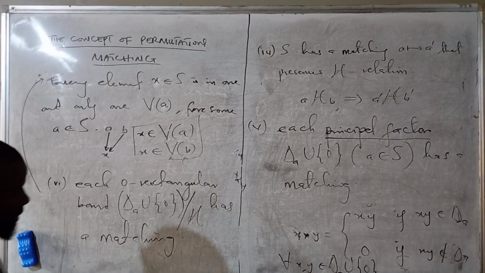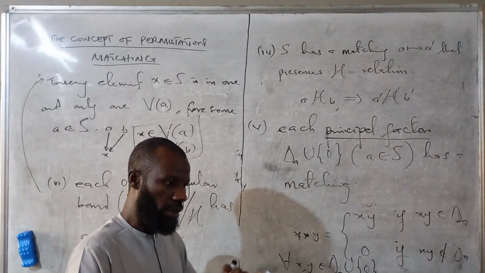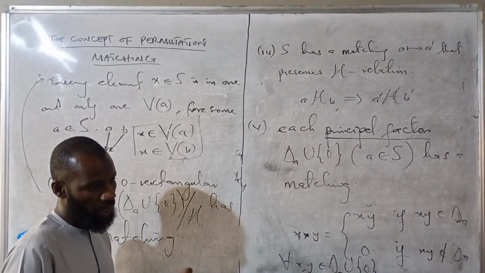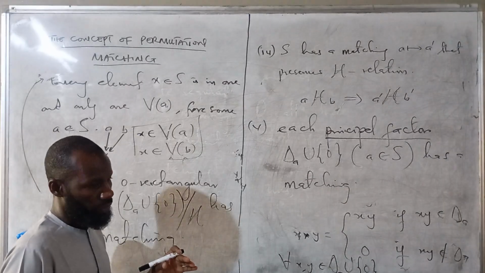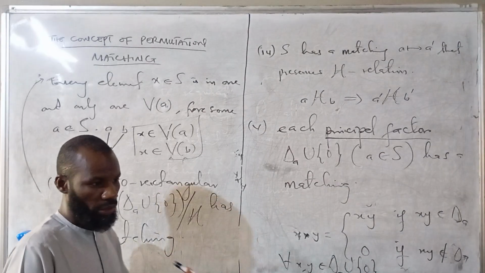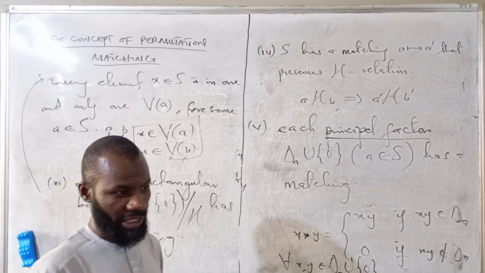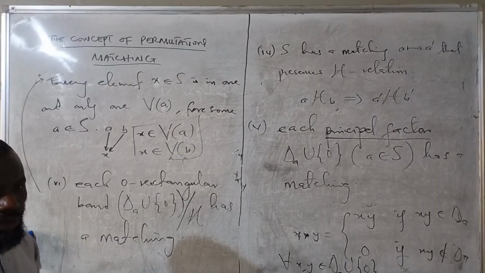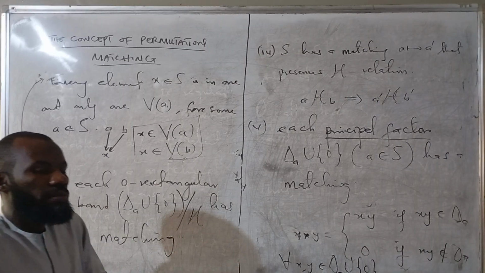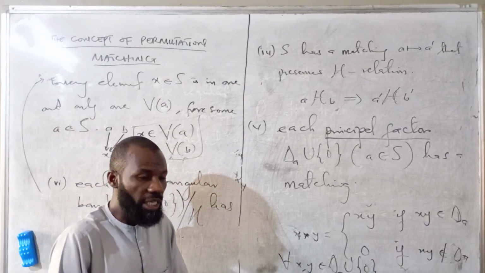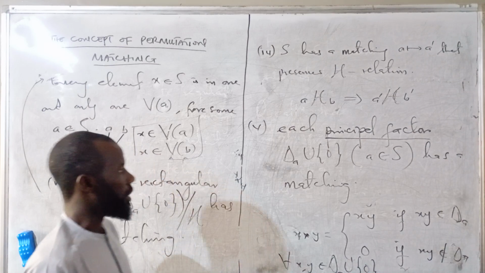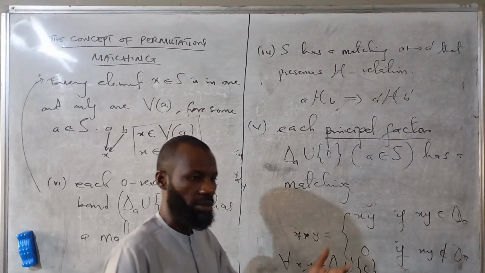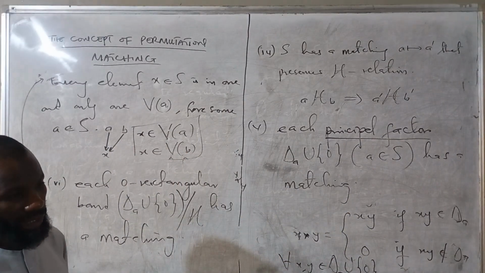And this theorem, if well understood, can be effectively utilized to show that a particular semigroup has a matching. So you can pick any one of the six conditions that is more friendly to work with depending on the situation you are in, and utilize it to show that the condition is satisfied, and then you can conclude that the semigroup has a matching.